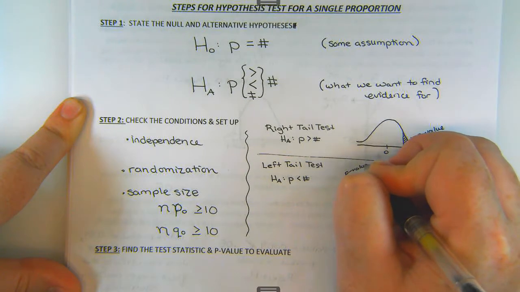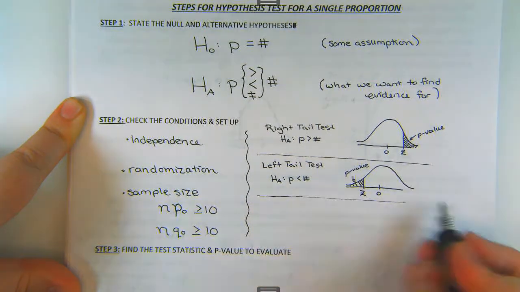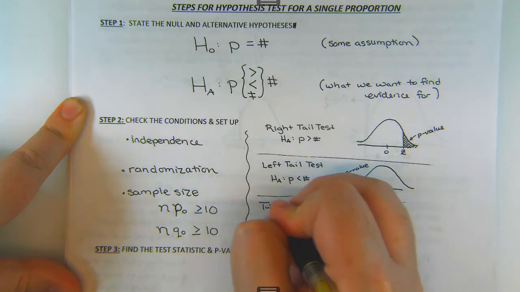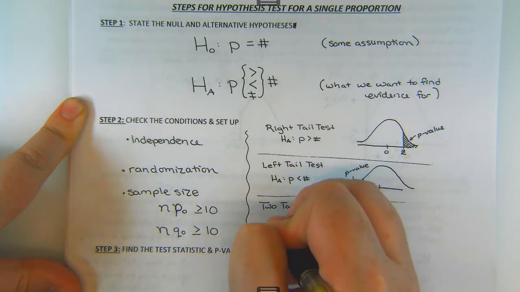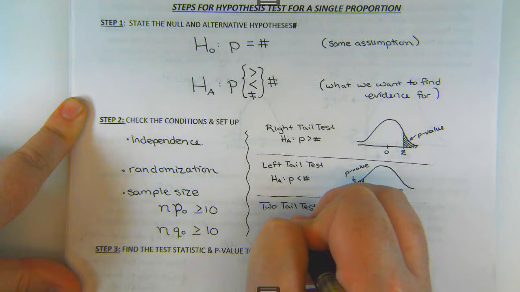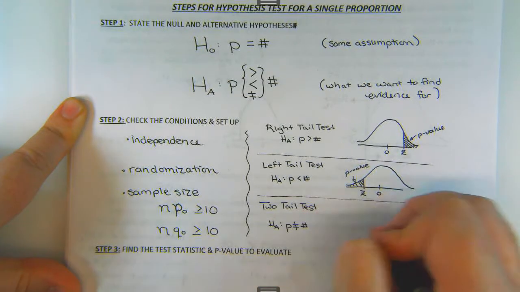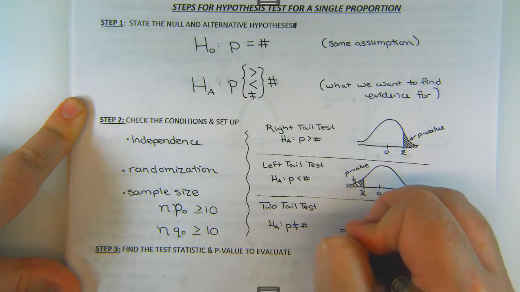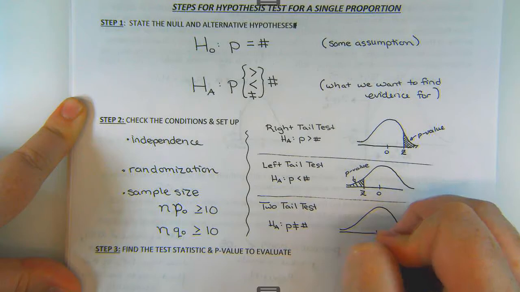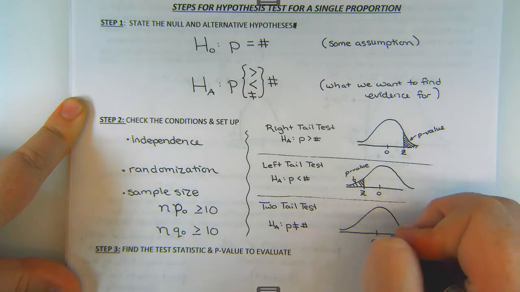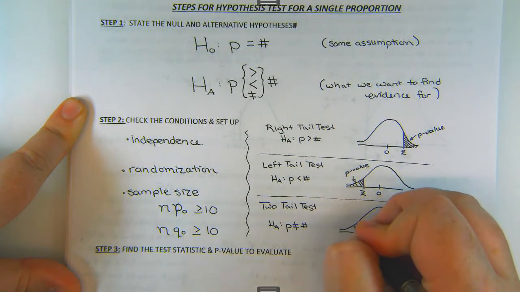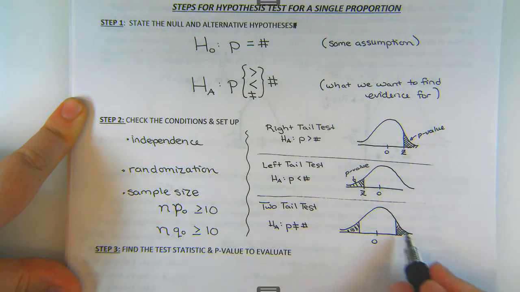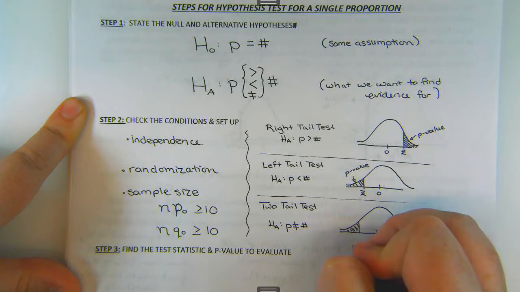Our last case is the two-tail test, which comes from having the does not equal sign. With this, when we build the curve, wherever my test statistic is landing, whether it's below or above, we're taking the area on both tails, which means you find one of the tail areas and multiply it by 2.